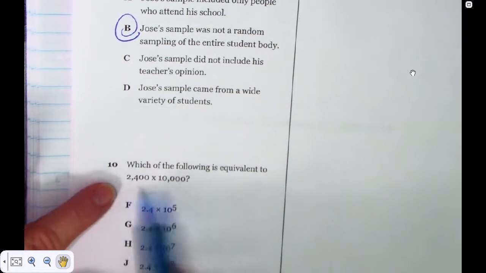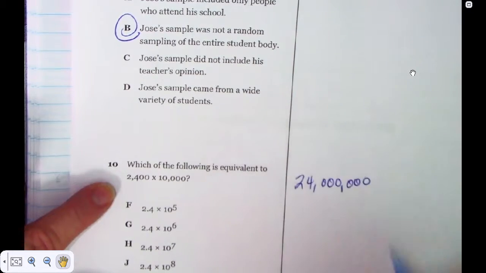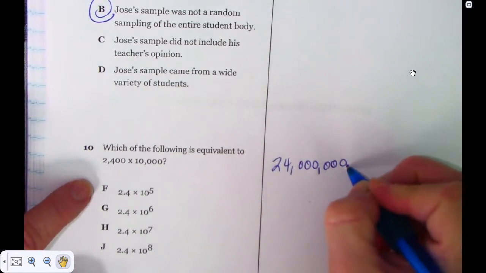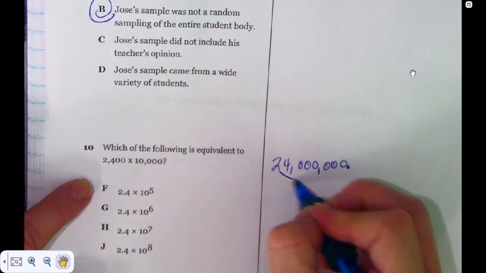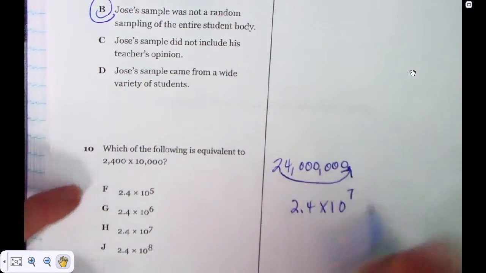Okay, number 10. I hope you multiplied this out and got 24 million. Then you're going to put your decimal home. Put it between the 2 and the 4. Take it home. 2.4 times 10 to the 7.